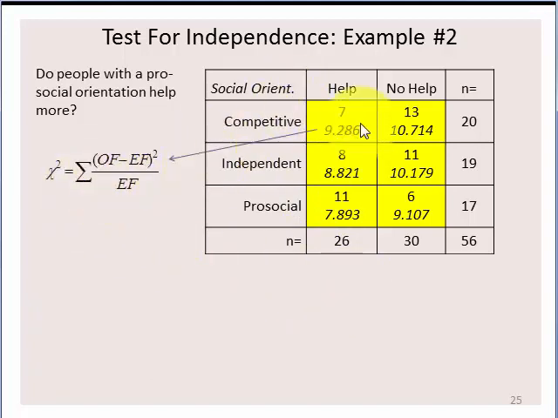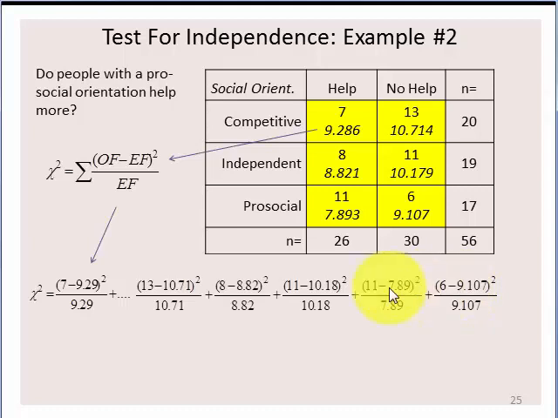Remember, that's the formula. So I'm going to work out this first cell for you. It would work out to this: 7 minus 9.29, squared, divided by 9.29. So go ahead. You've got 1, 2, 3, 4, 5 more of these quotients to do. Hit pause. I'll wait.